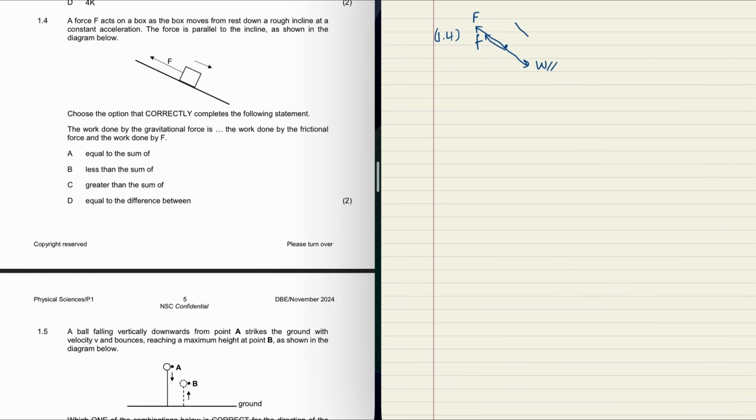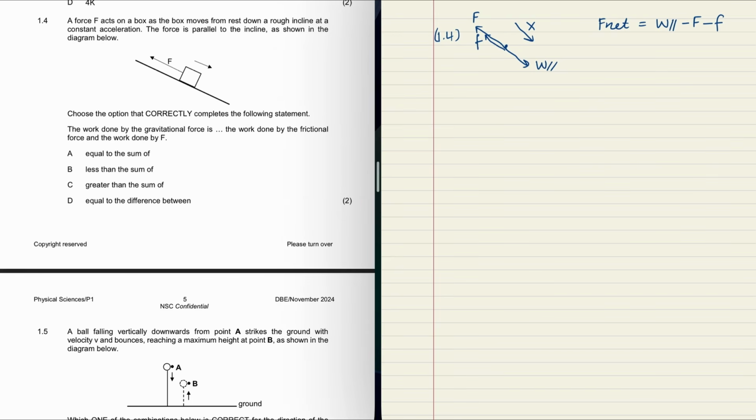And we have the object moving downward, so like so. Now what is F net going to be? Well, F net is going to be, if I'm choosing down as positive, W parallel minus the force applied minus friction.